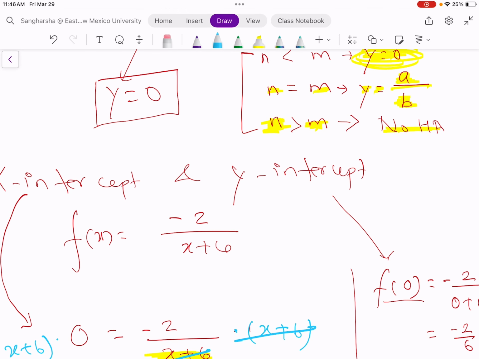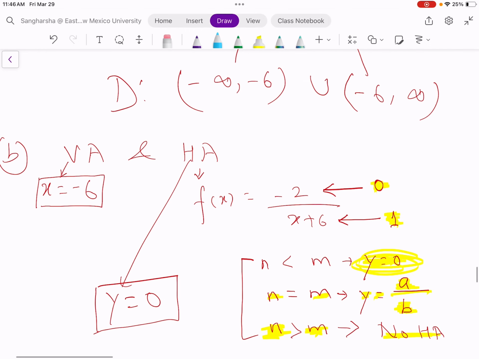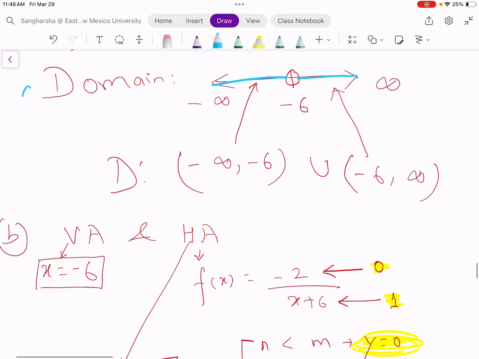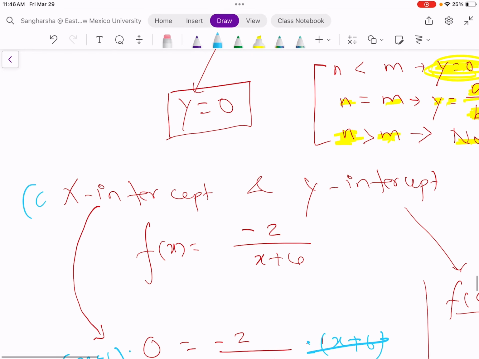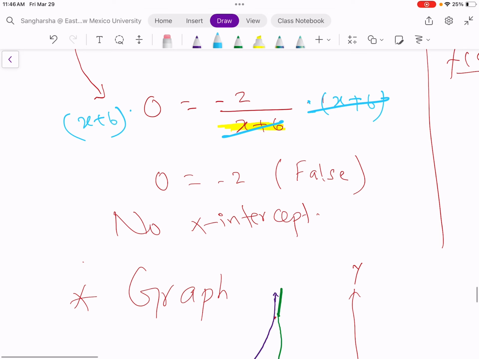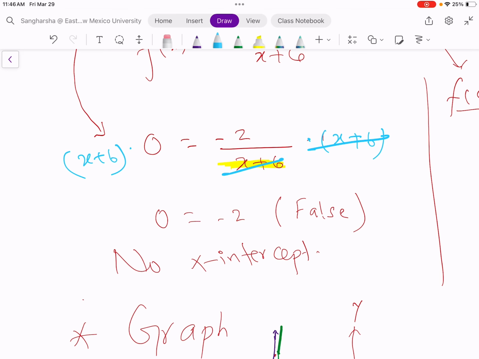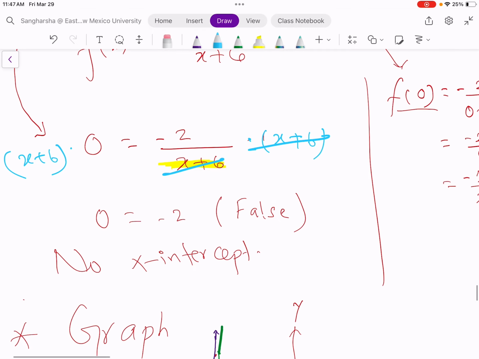Now this is our A, this is B, right? So this is our part C, and you are asked to use A, B, C to graph. So you need to use the vertical asymptote and a table. Okay, but if you have this question and you are asked to use the transformation, then you can use it. But make sure you read the instructions very carefully.